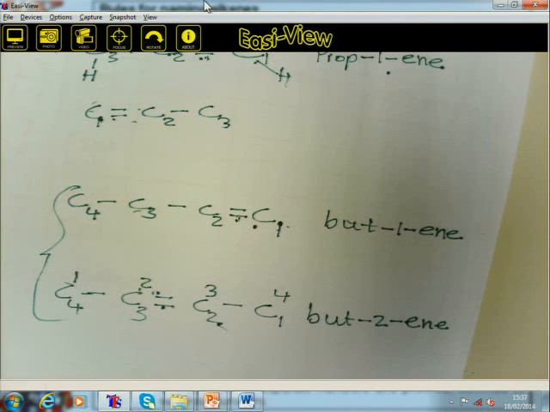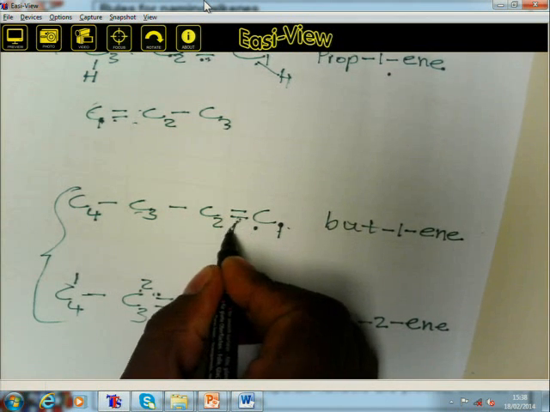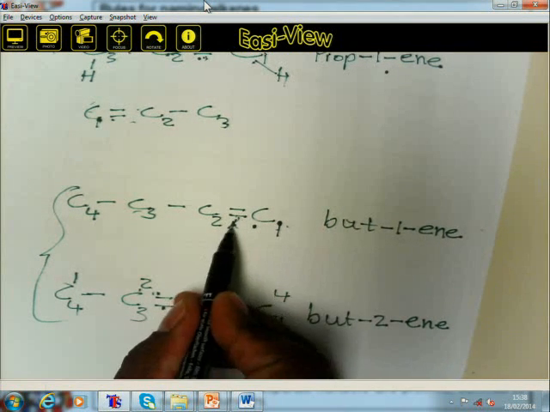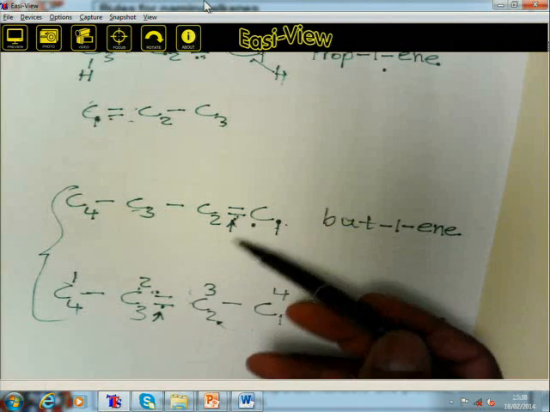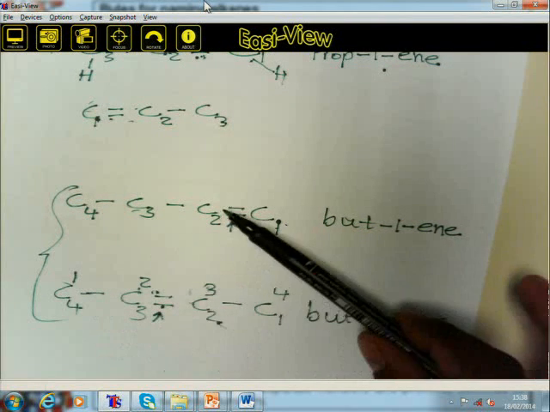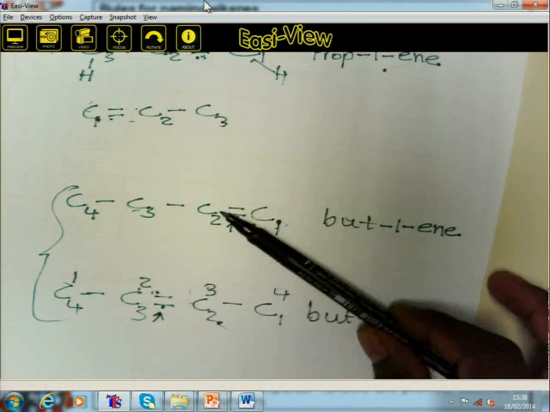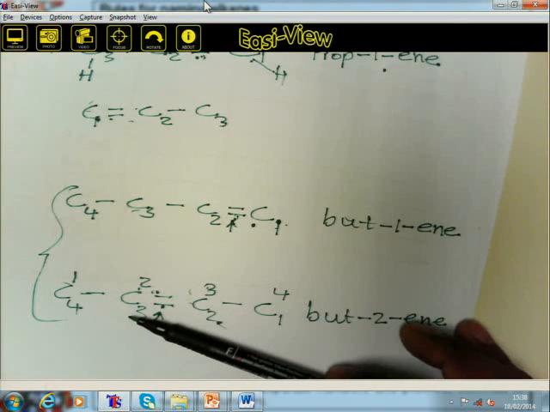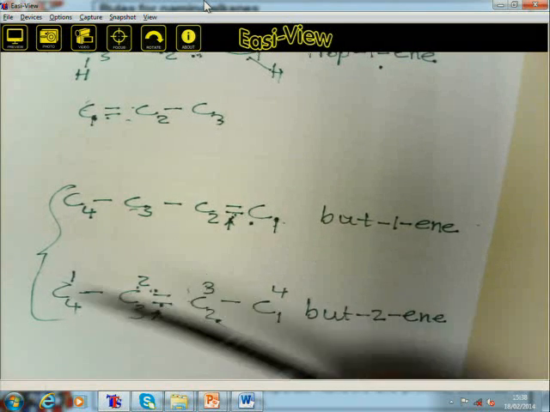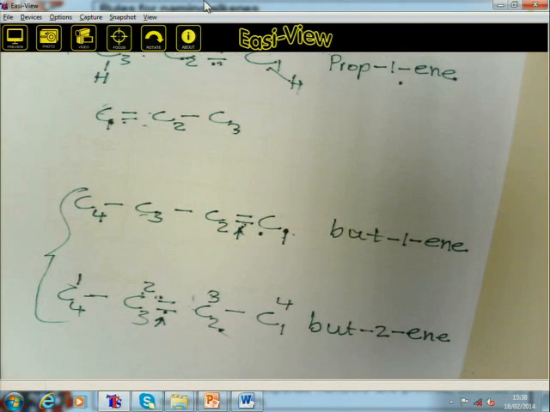So for the alkene, if you need to do an isomer, what you do is you move the position of your double bond. If I move it from there to there, these are 2 different structures. But if I look at the number of carbons and hydrogens, they will be the same. So the molecular formula is the same, but the structural formula is different. So these are my isomers for the alkene.